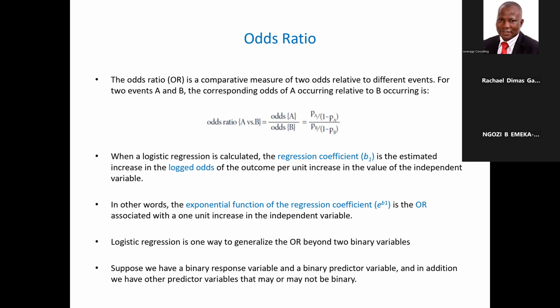It's not as straightforward as the beta for linear regression. In other words, the exponential function of the regression coefficient is the odds associated with a one unit increase in the independent variable.